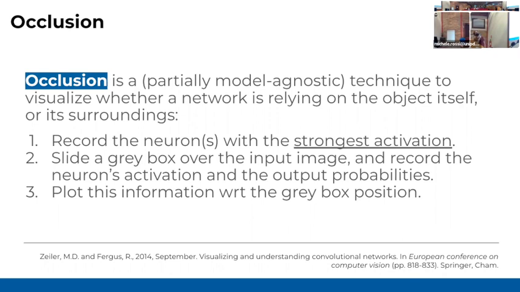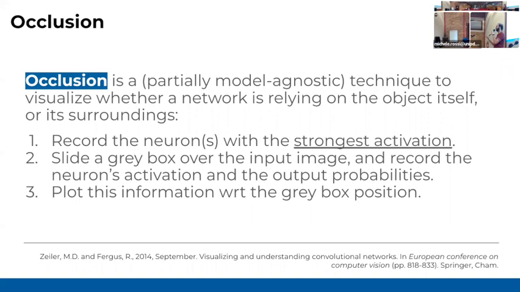And this paper in particular had a very nice technique called occlusion, which is a model-agnostic technique to try to find those masks. Now I'm describing it for images, but it should be pretty easy to understand how you can apply that to graphs. The idea is that you take the unit inside the neural network which has the strongest activation. In the layer just before the final decision, you will have a certain number of units, and they will be differently activated.